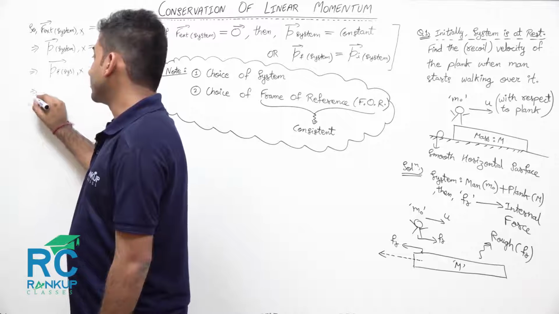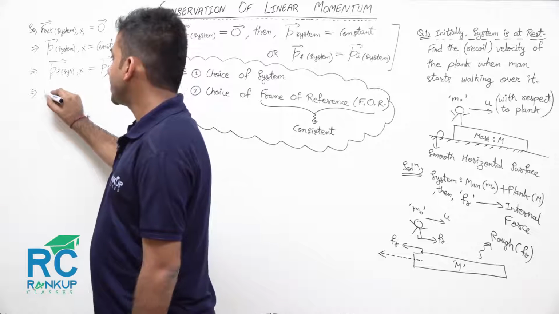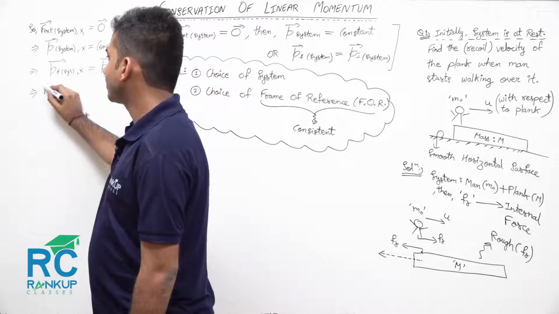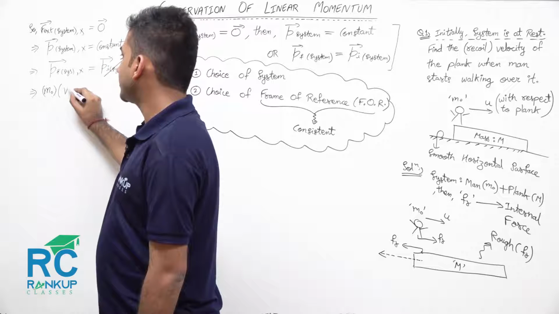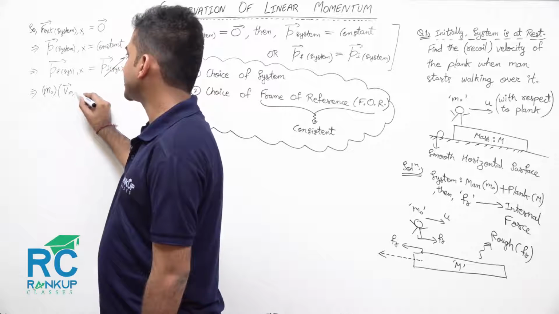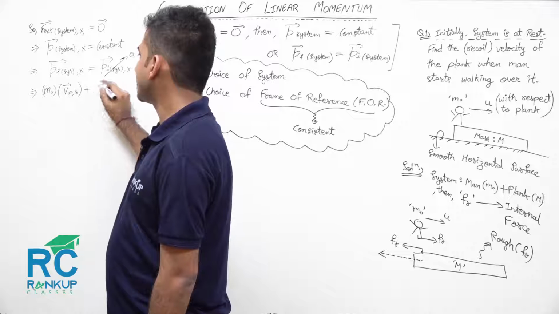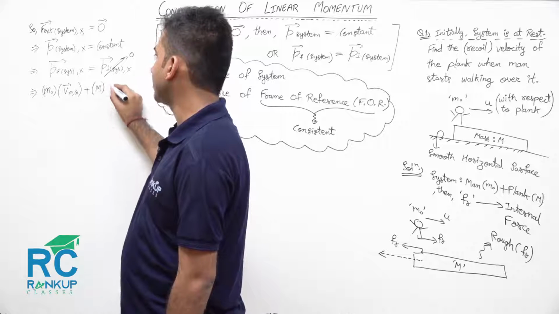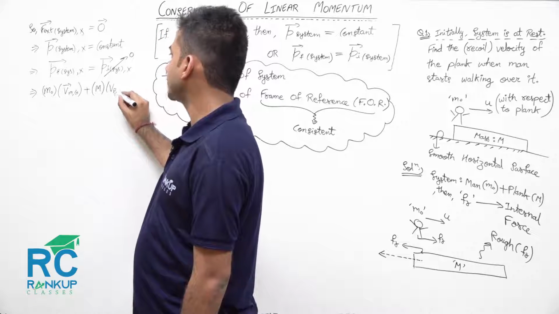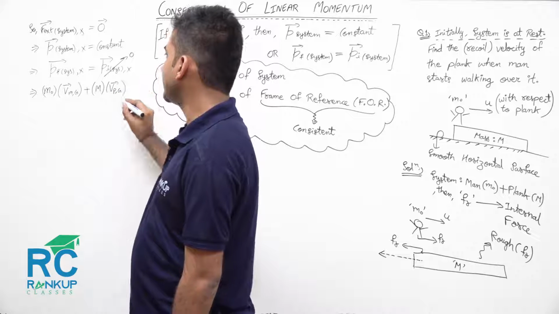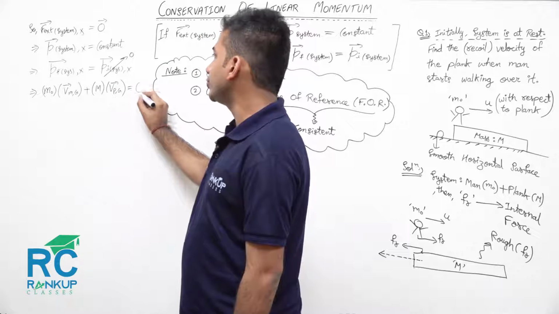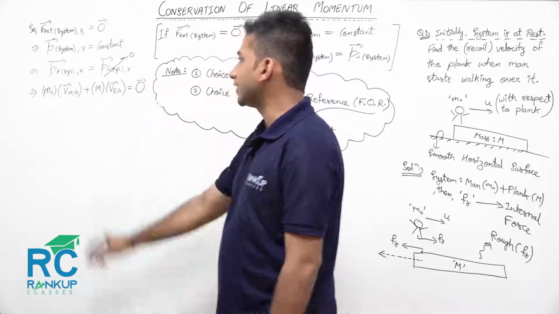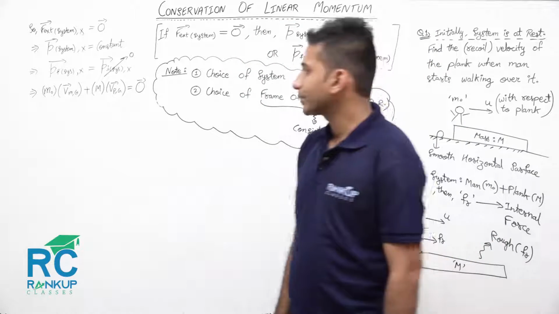So what will be the momentum statement? Can we say mass of man, m0, into velocity of man with respect to ground, plus mass of plank, capital M, into velocity of plank with respect to ground. These are the final velocities, and that is equal to the initial momentum, which is 0.